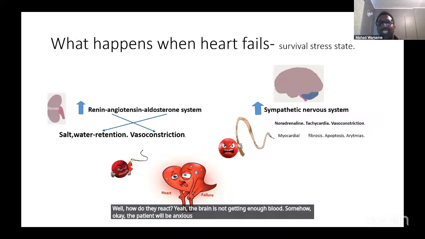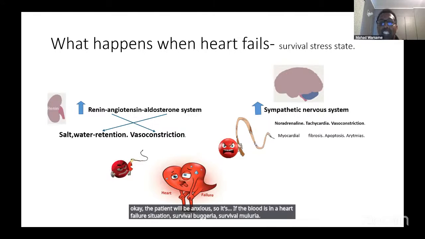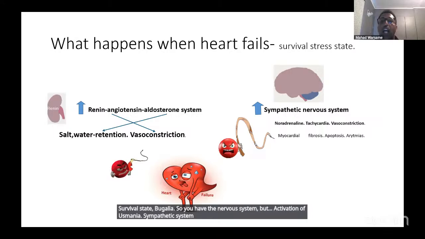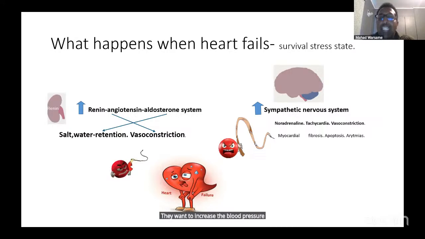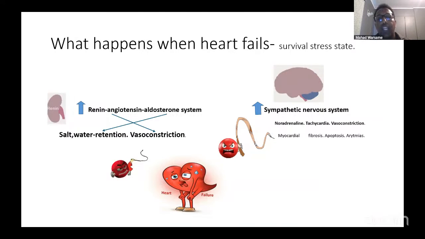So in a heart failure situation, the body goes into survival mode. You have activation of the nervous system, the sympathetic system, because they want to increase the blood pressure and increase the function of the heart. The heart is tired, but this is a survival response.